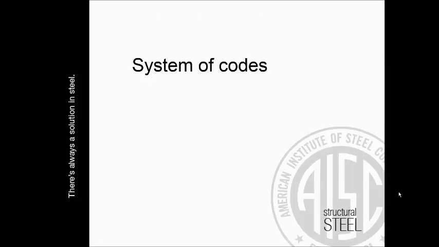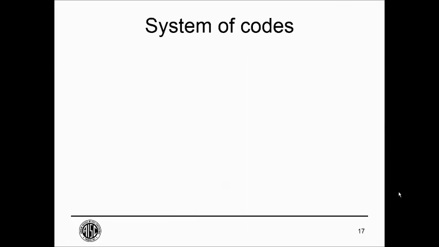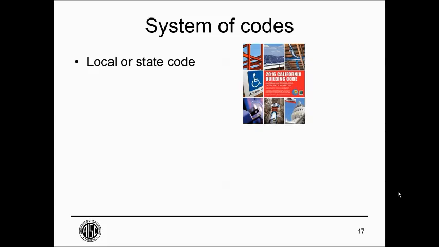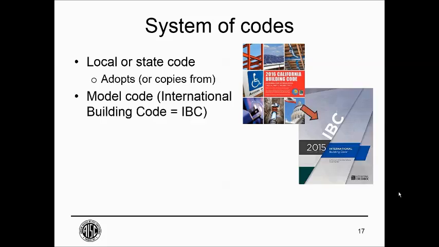So let's get into our system of codes. Start off here with the local or state code. This is my state code, the 2016 California Building Code. That's based on the International Building Code. So most of our state and local codes simply adopt the International Building Code. Some of them do with slight modifications. Sometimes the modifications only apply to certain occupancies.